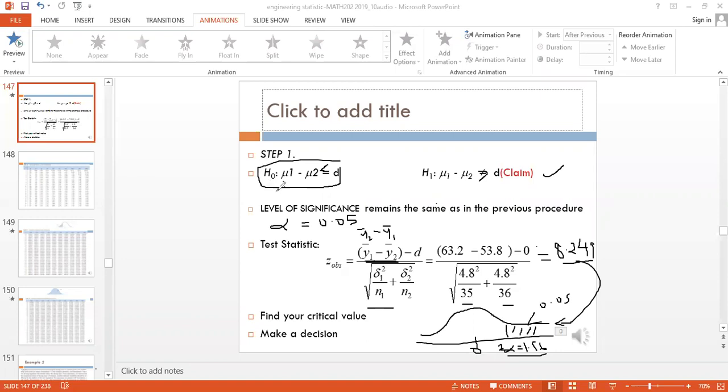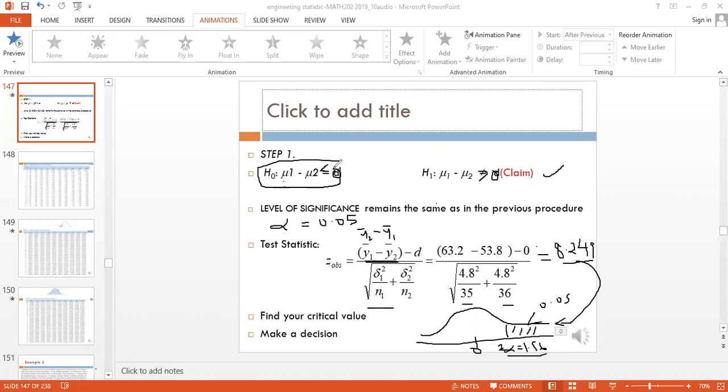And once we've rejected the null claim, what we are saying is, indeed, mu1 minus mu2 is greater than a certain d, but in this case, our d is 0.